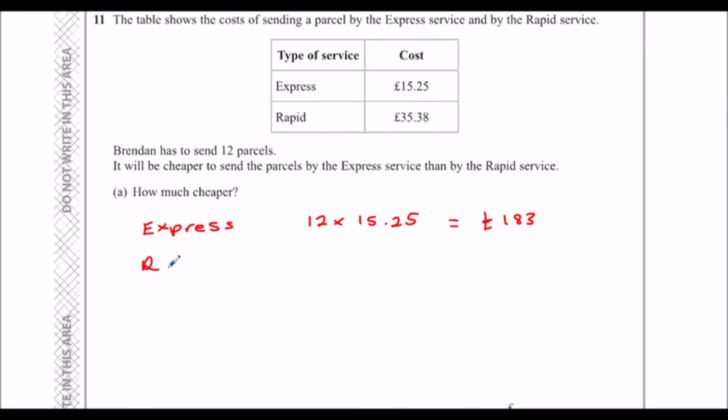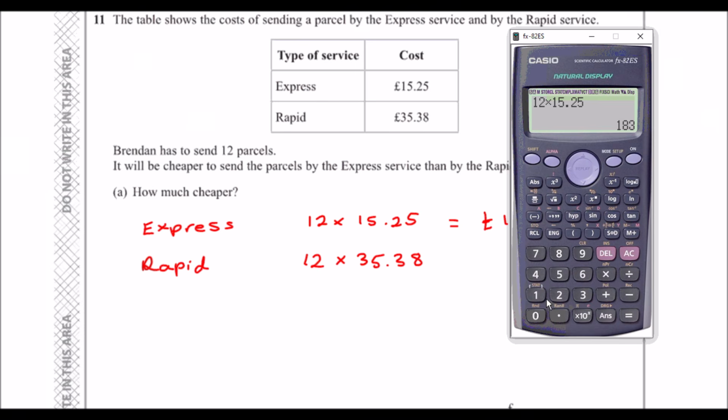For the rapid service, we've got 12 parcels again, so 12 times, and this time the cost is £35.38. So 12 times £35.38 is £424.56.